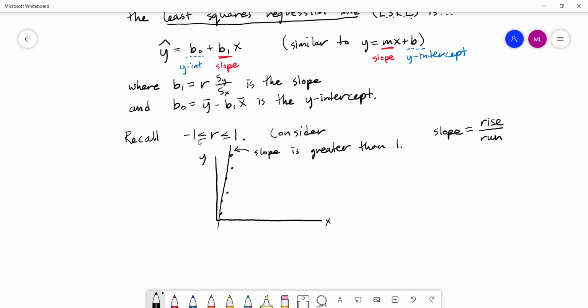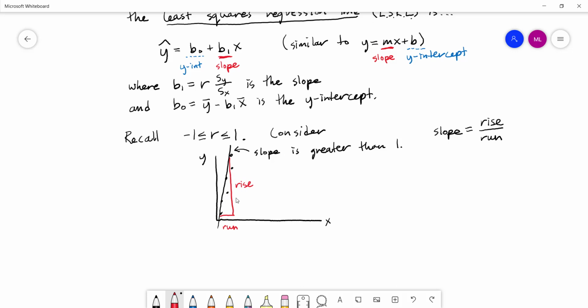And what it's basically saying is I'm going to take how high it goes in the vertical direction and compare that to how far it goes in the horizontal direction. So this is the rise, and this little distance down here would be the run. And I want to take the ratio of those. For every amount of distance you go in the x direction, how far do you go in the y direction? That is our slope.